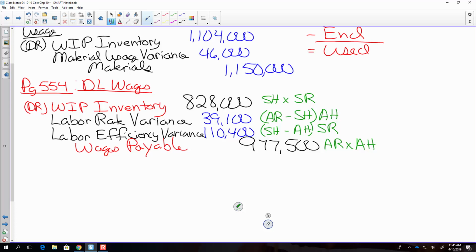How do I compute my labor rate variance? It's actual rate minus standard rate times actual hours. And how do I compute my efficiency variance? It's standard hours minus actual hours times the standard rate. So many ways, again, to present the same information.